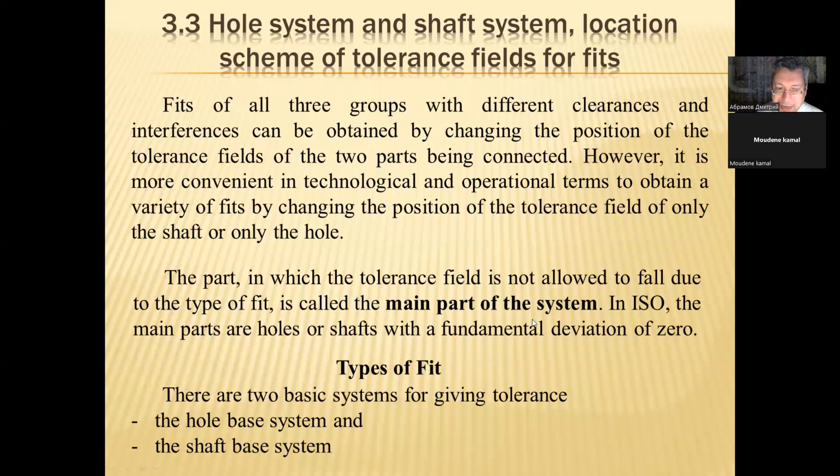In ISO, the main parts are holes or shafts with a fundamental deviation of 0. It can be a hole and it can be a shaft, but its fundamental deviation is equal to 0. Then it's the main part of the system.